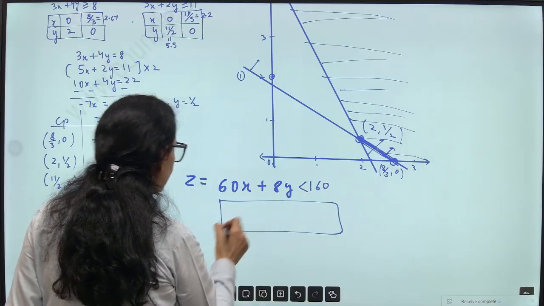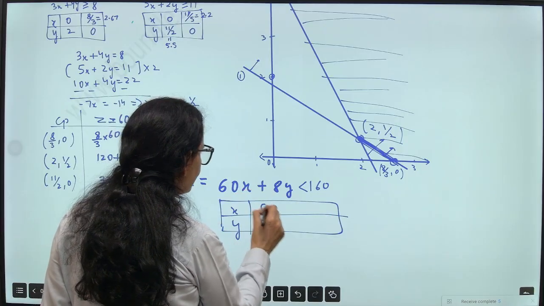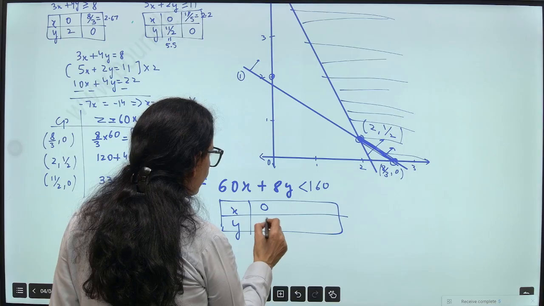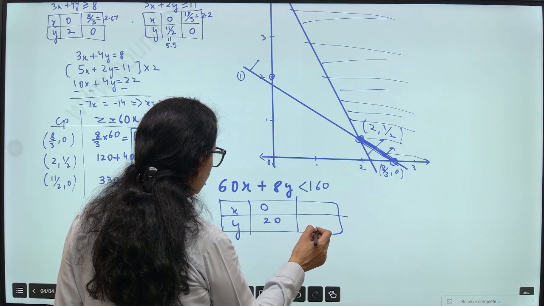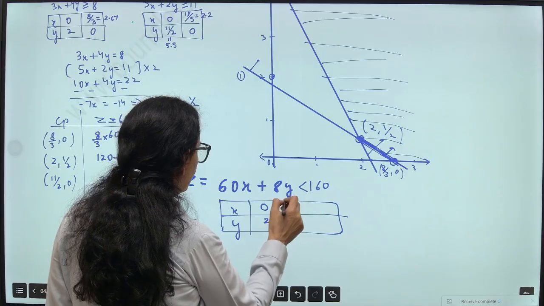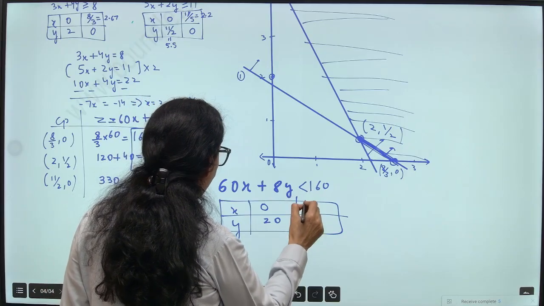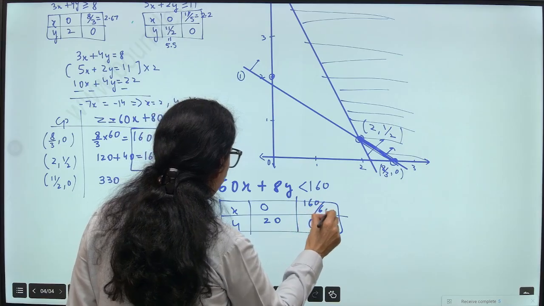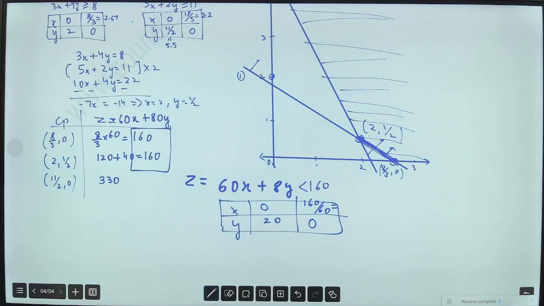Let's make the table and see what happens with the graph of the objective function. When x is 0, y is 2. When y is 0, x is 160 by 60.